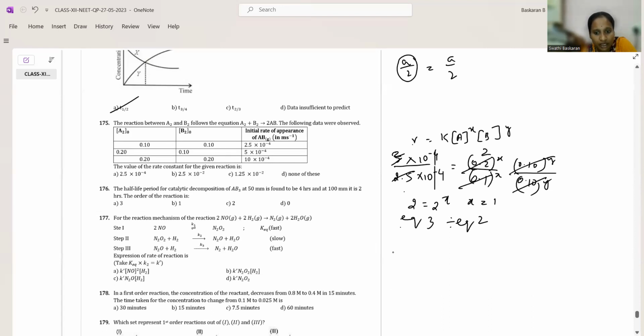So the equation 3 value is 10 into 10 power minus 4 divided by 5 into 10 power minus 4, which is equal to the concentration of A, which is the same, raised to the power x, and this is also raised to the power x, into 0.20 by 0.10 raised to the power y.